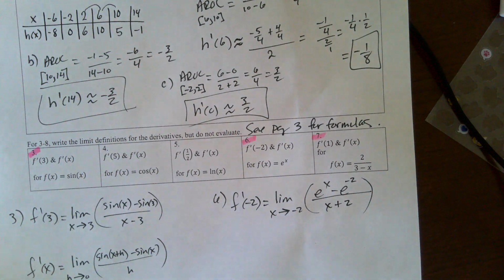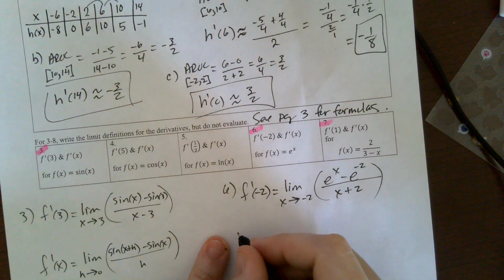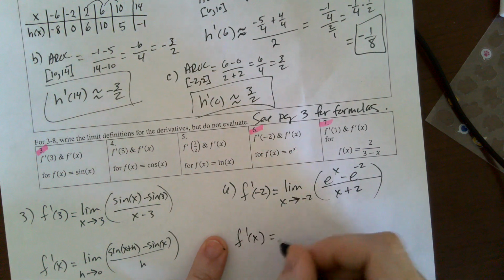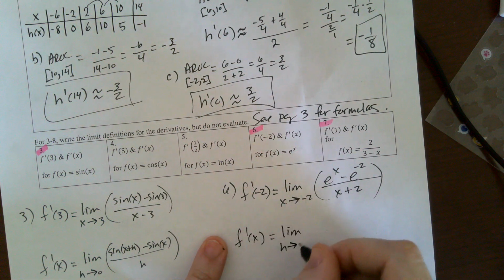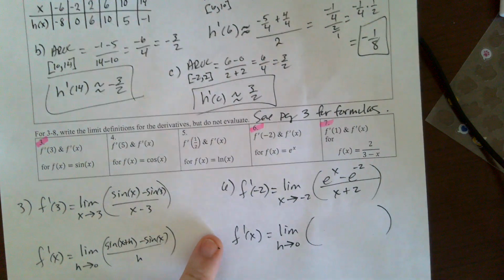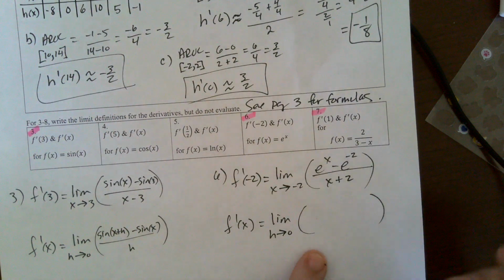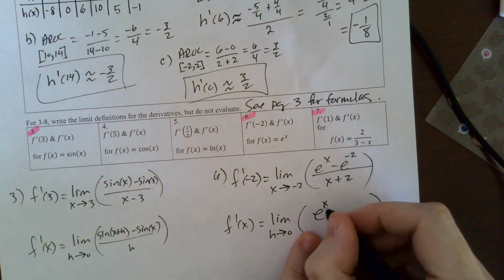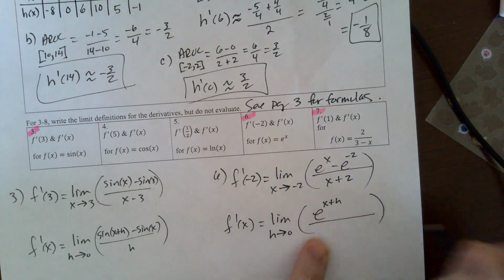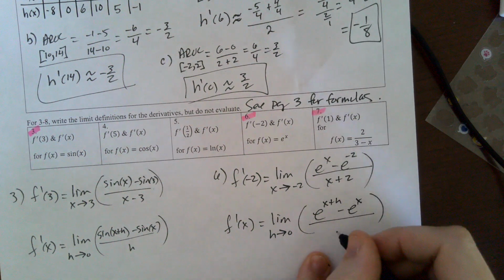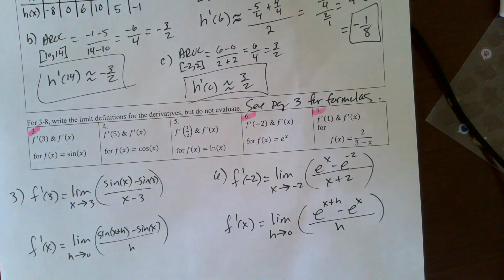Okay, and then f prime of x is the limit as h approaches 0. F of x plus h, I'm just putting an x plus h where the x used to be, minus f of x all over h. All right, that's number 6.